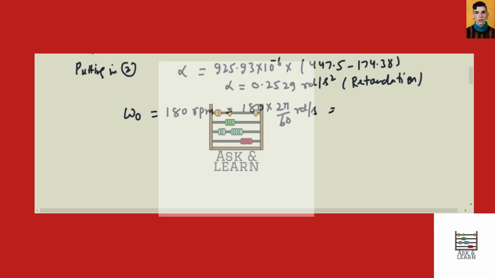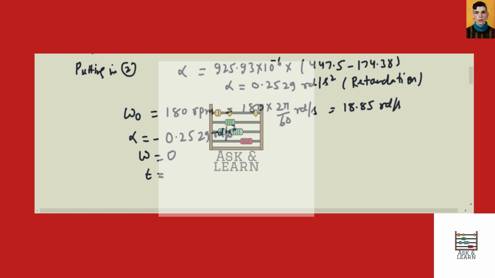So this would be 18.85 radian per second. Alpha is negative because it is retarding, 0.2529 radian per second square. Finally, it is coming to rest.